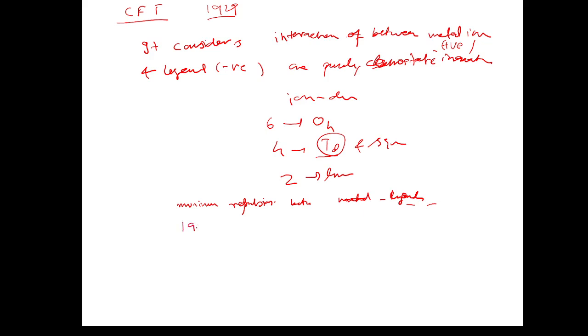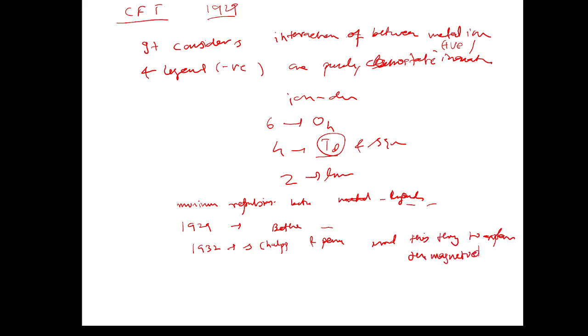So if we go through the journey, in 1929 Bethe proposed this model. In 1932, Schlapp and Penney used this theory to explain the magnetochemistry.